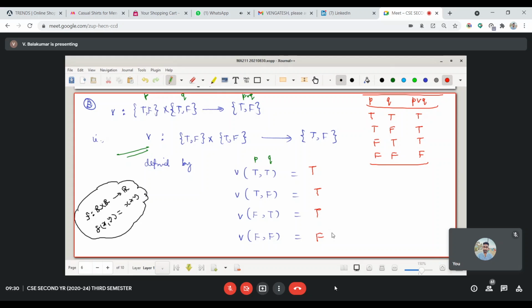Whether you use this symbol only or you use P or Q, both are okay. Are you following this? Earlier we were spending too much time on functions, and then we saw propositions. Now I'm saying a proposition also can be written as a function.